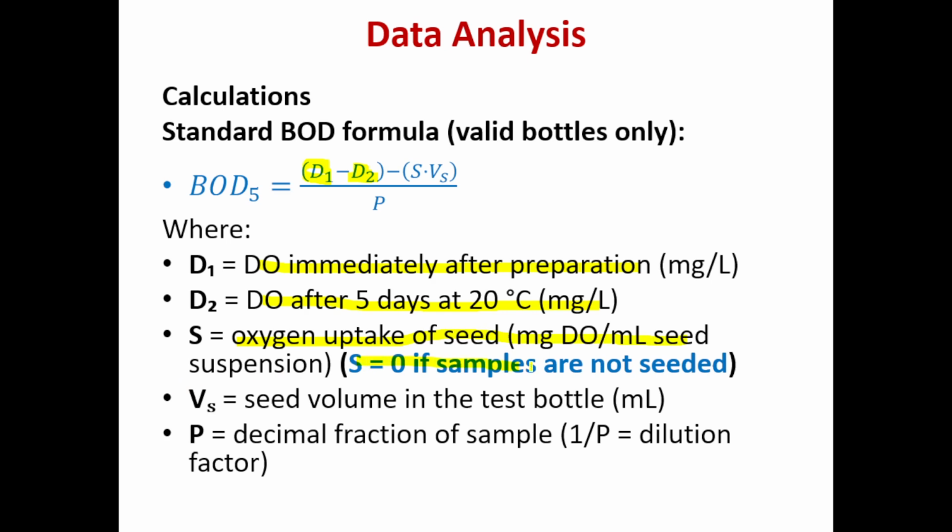S will be 0 if the samples are not seeded, and this whole term will become 0, and the sample BOD formula will become (D1 minus D2) by P. Vs is the seed volume in the test bottle in ml, and P is the decimal fraction of sample, and 1 by P is the dilution factor. If the dilution factor is given, then we can simply multiply by the dilution factor, or if it is a decimal fraction, then we need to divide by the decimal fraction.